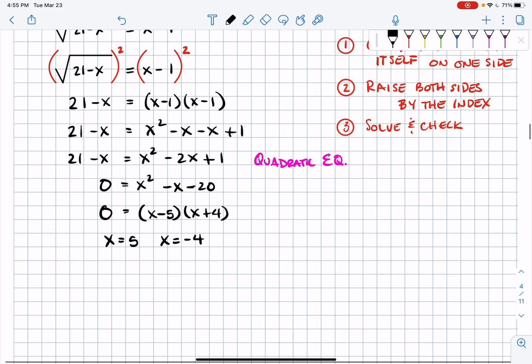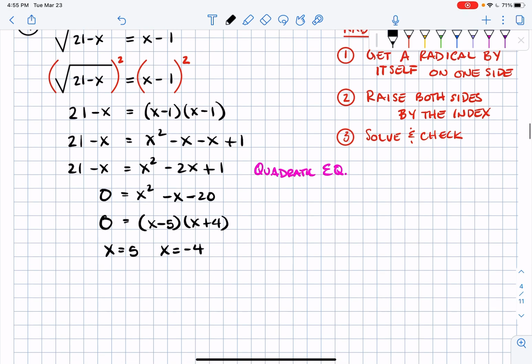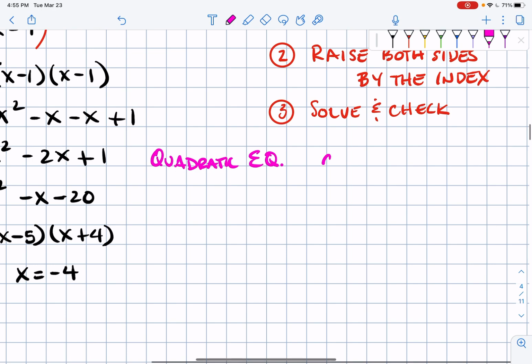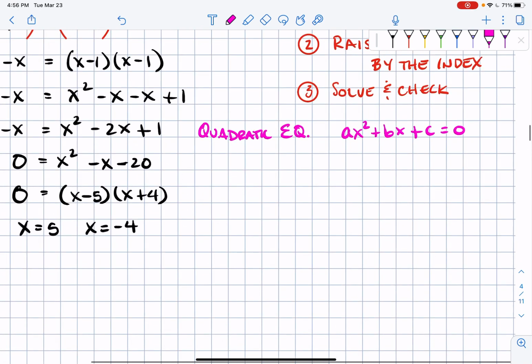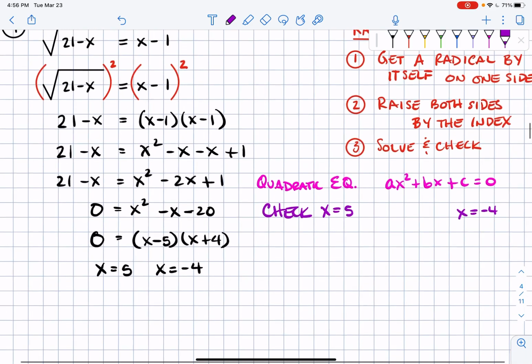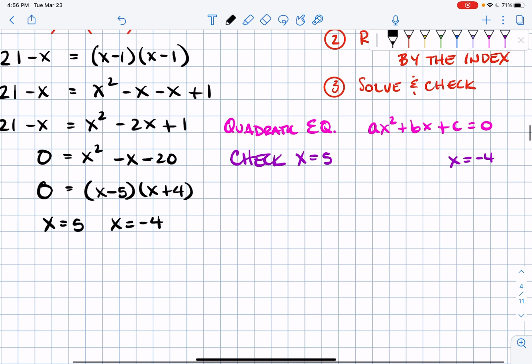All right, because it's a square root, I do have to check this. So let me write this down for the quadratic. Okay, and then I have to check. So I need to check twice, right? The x equals 5 and the x equals negative 4. All right, so my original equation, I have the square root of 21 minus 5.